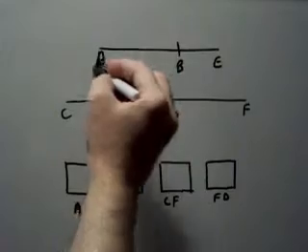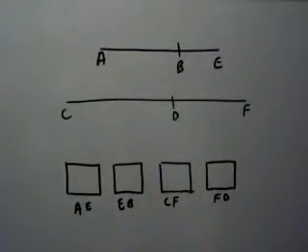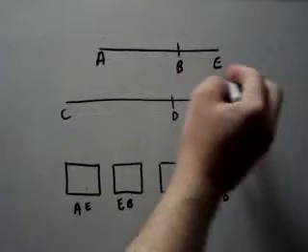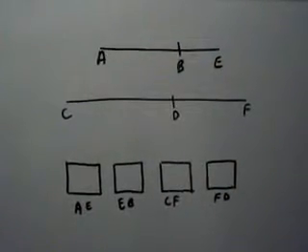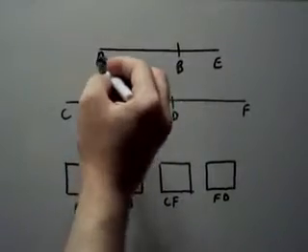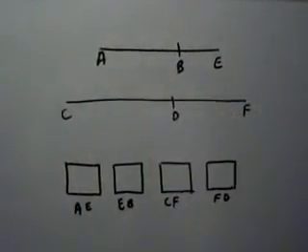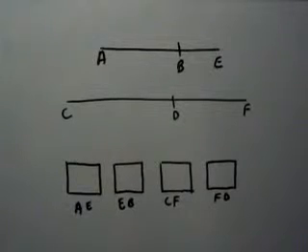So in other words, as this is to this, so is this to that. Alternately, therefore, as AE is to EB, so is CF to FD. As this is to this, so is this to that. That's by Euclid Book 5, proposition number 16.